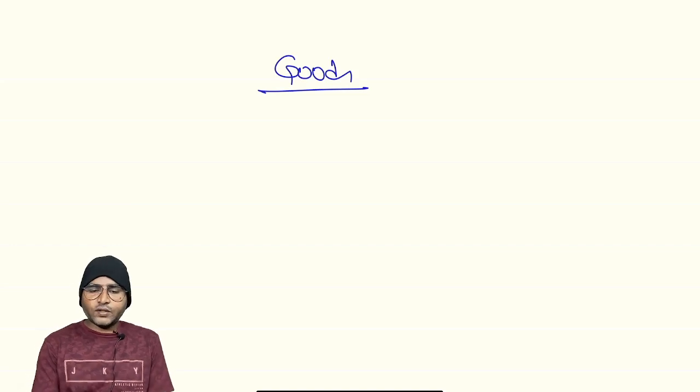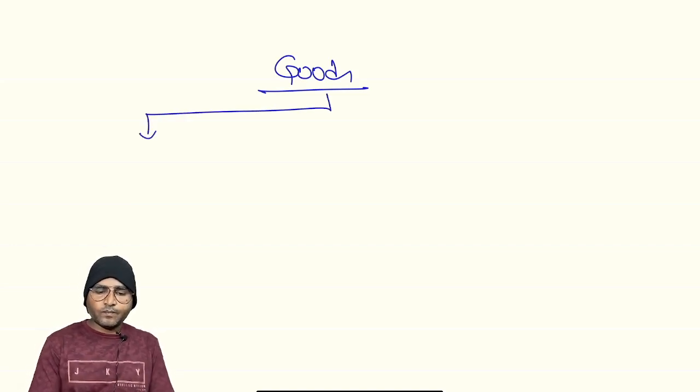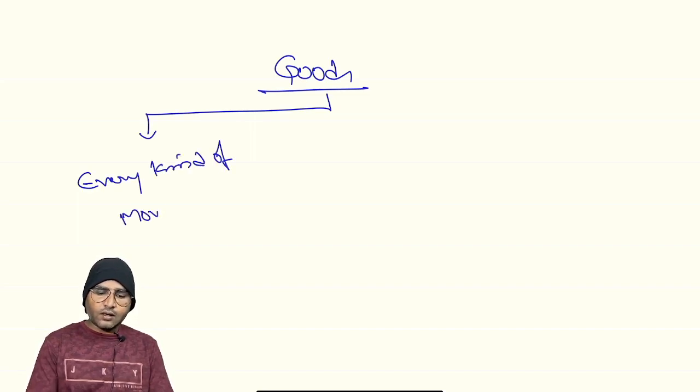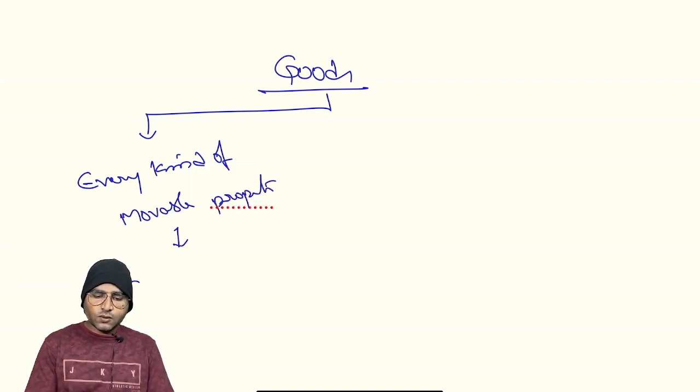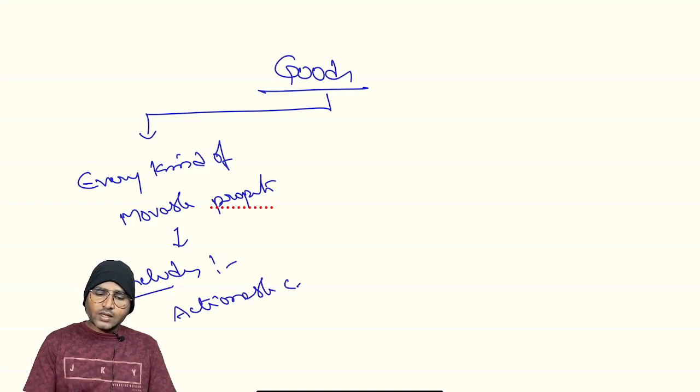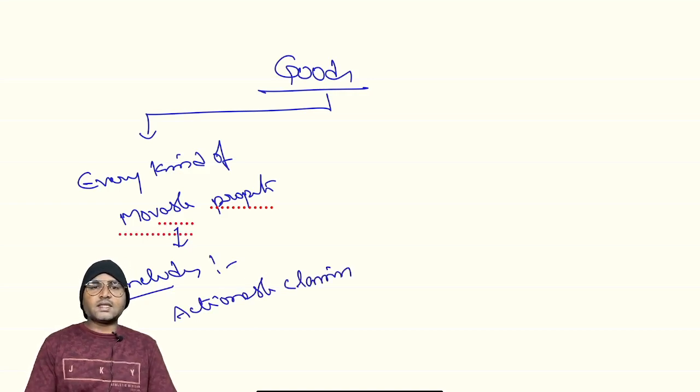Under the good definition, goods means every kind of movable property, and every kind of movable property includes actionable claims. So actionable claims were considered as goods.